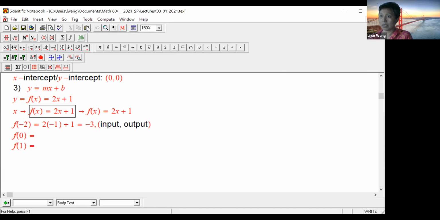So in that input output scenario we're working with, we're getting these points. So when the input is 0, what do we get for the output? Input is -2, the output is -3.